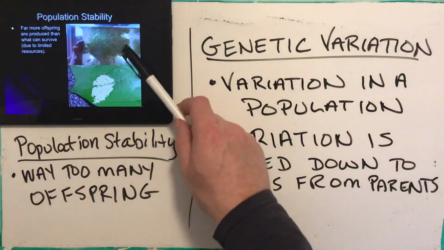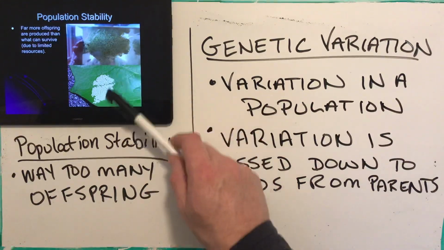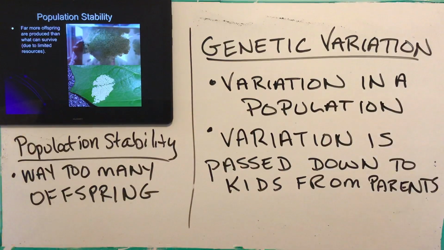If you're not putting the energy into parenting, Mother Nature allows you to have many offspring, knowing many of them are going to die. Then you look at things like bears and lions, ourselves, the larger mammals. We only have a couple of offspring. We have only one as a human. Usually, if someone has a baby, it's one baby. Sometimes 2 or 3, but usually 1. Lions, a couple of cubs. 1, 2, 3 cubs.